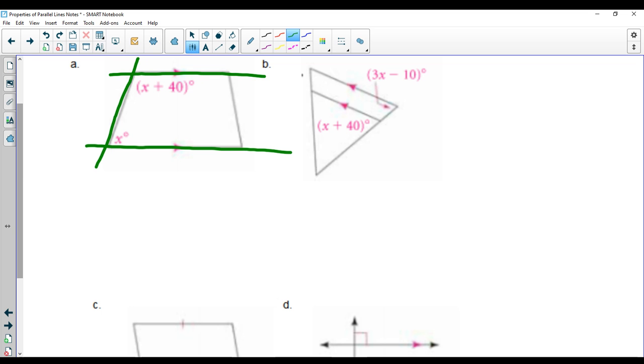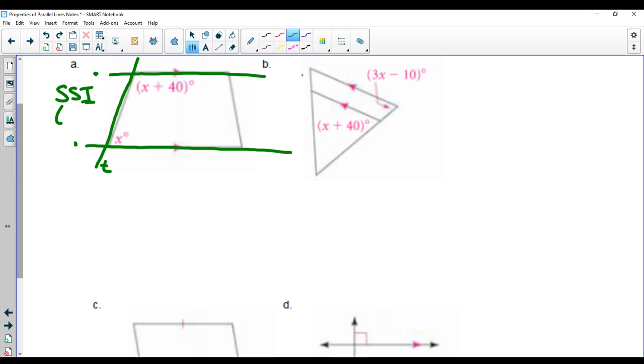The x plus 40 and x, they're inside these two lines, so we know we're talking about an interior situation. And they're on the same side of my transversal, which I'm going to call T. These are same side interiors. If you want to label like that, you can.